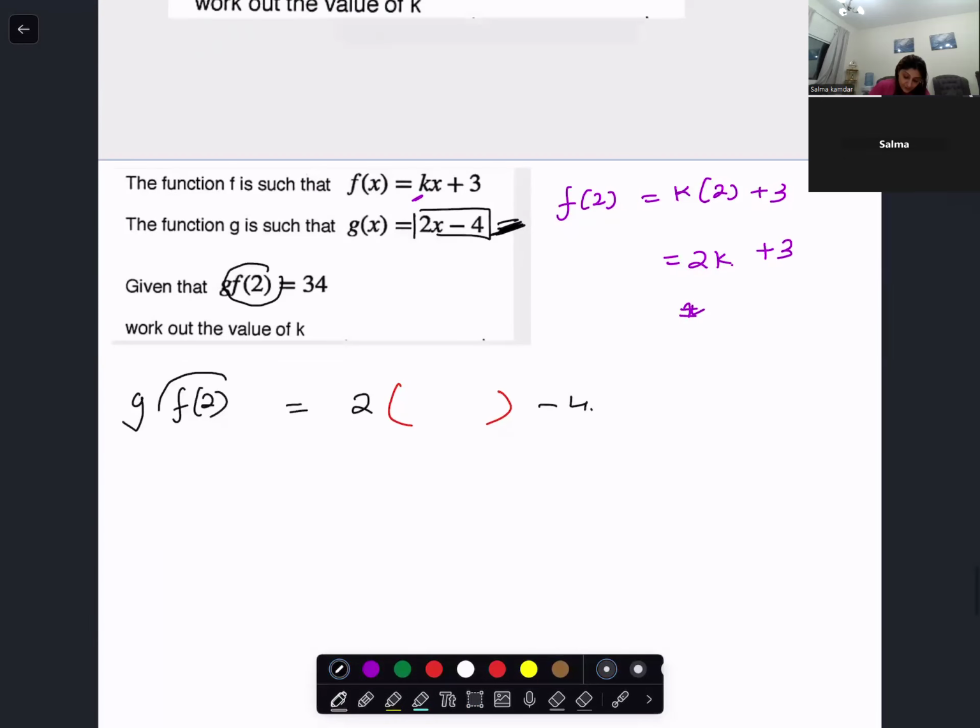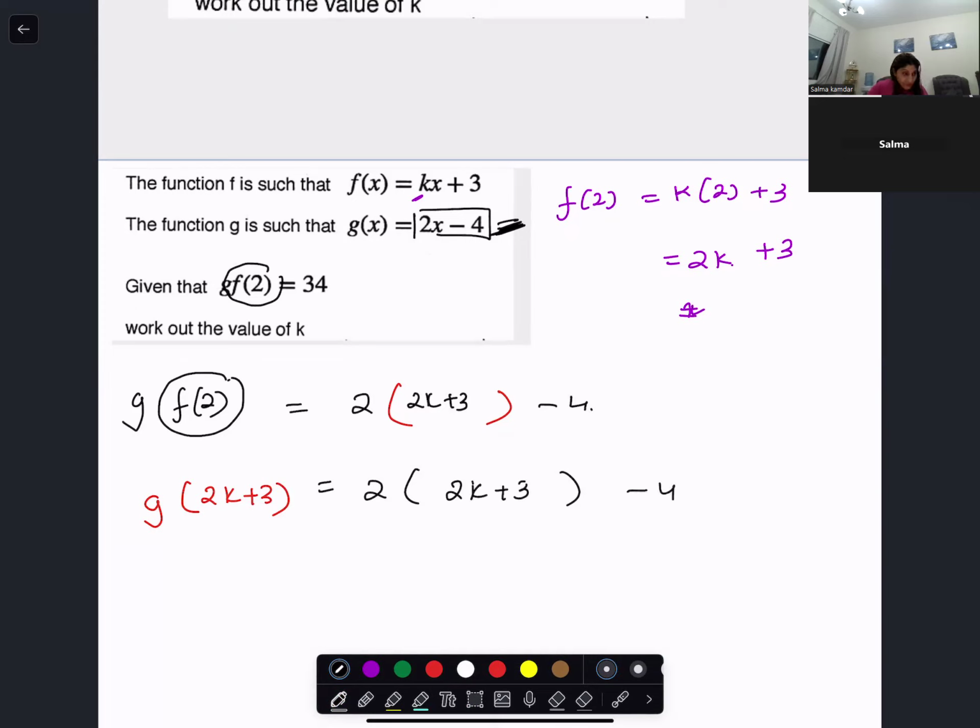So g of f2. Instead of f2, I'm going to put 2k plus 3. Instead of f2, I'm going to put what? 2k plus 3. 2k plus 3 minus 4.